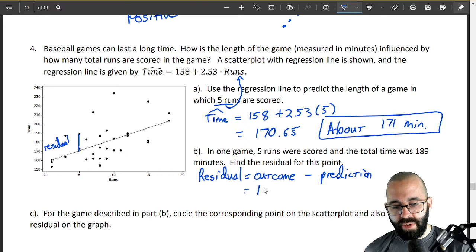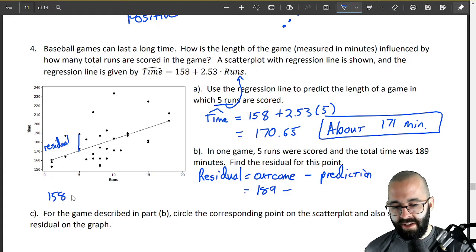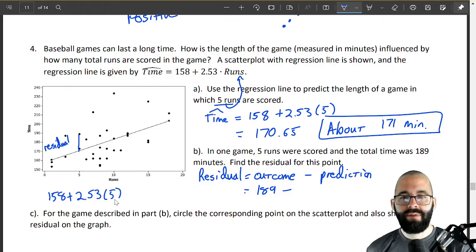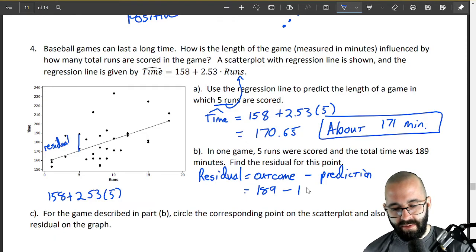Well, the actual one was 189 minutes minus the prediction. We have to figure that out. Prediction was going to be 158 plus 2.53 times the number of runs. Oh, we calculated the prediction in part A. Prediction was about 171 minutes.